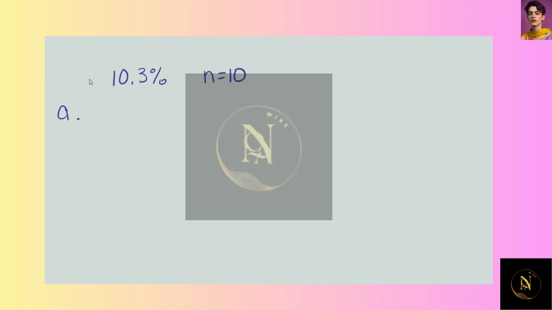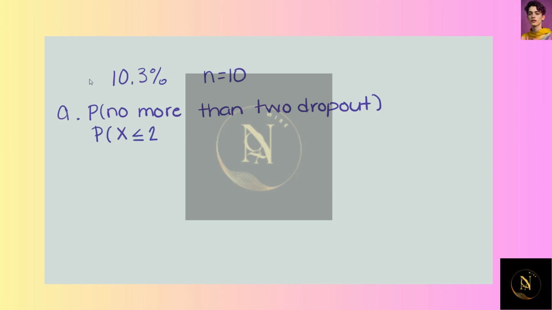First thing we want to know is the probability that no more than 2 will drop out. So we are looking for the probability that x is less than or equal to 2.